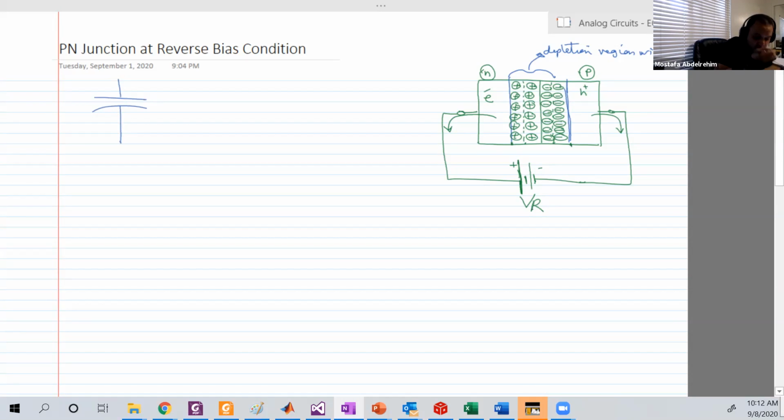Let's assume this is the width here at VR1. Now let's make VR equal to VR2, and VR2 is larger than VR1.